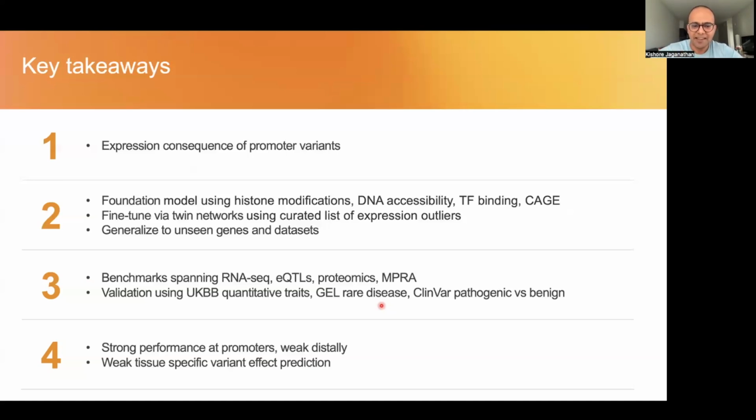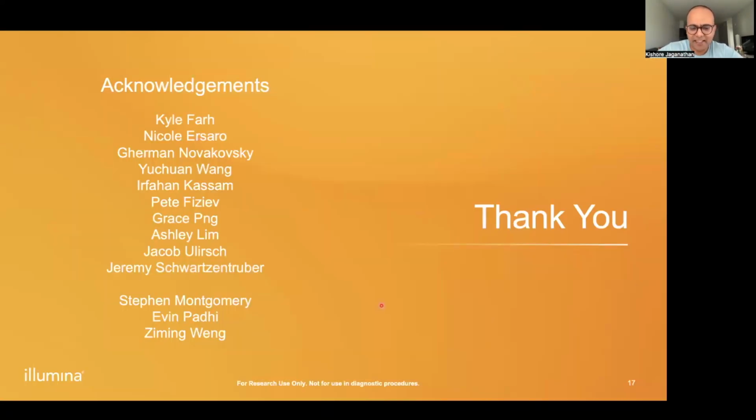In terms of data availability, all of the fine-tuning data and the benchmarks are already publicly available. We also have scores for every single variant: there are 87,000 TSSs for protein coding genes, and for each one of them, we have scores for plus minus 500 bases, every single variant.